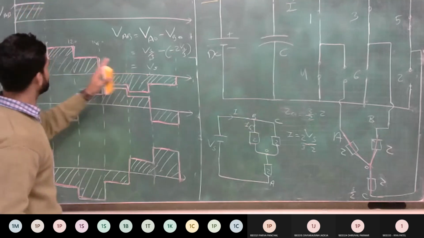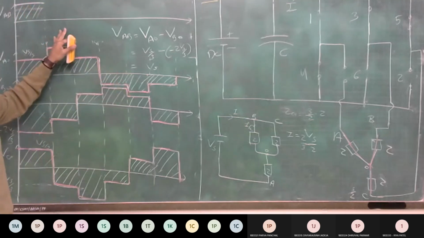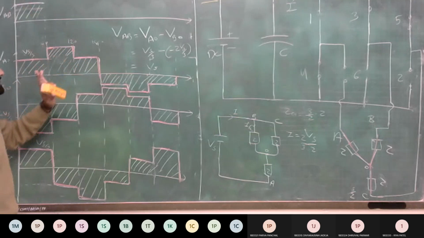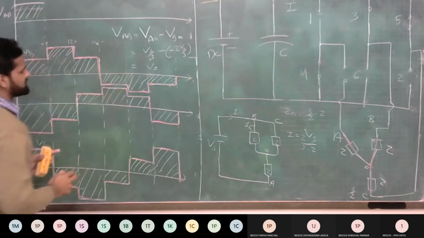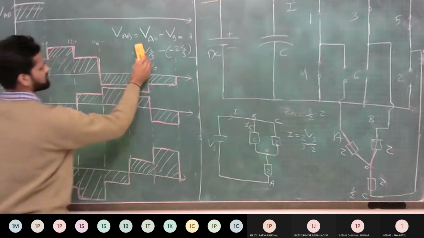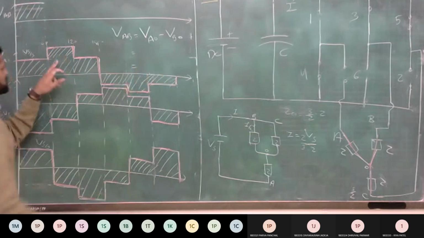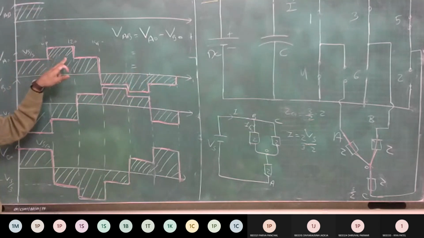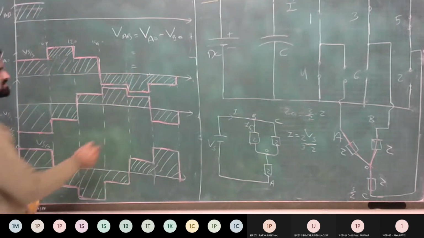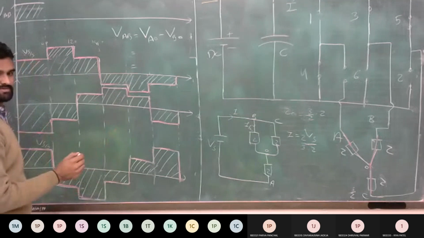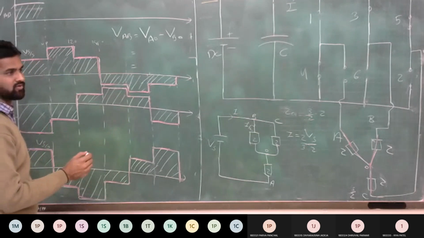VAB. Now in the same way for step number 2, 60 to 120, calculate the value of VAB. What is VAO in step number 2? Equation. Step number 2, value of VAO.